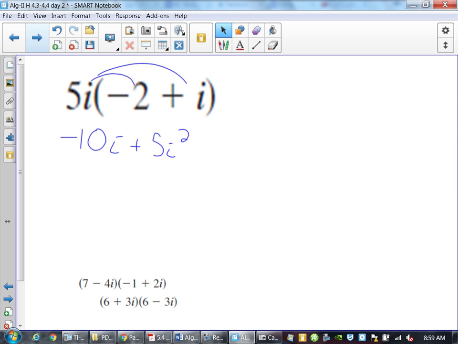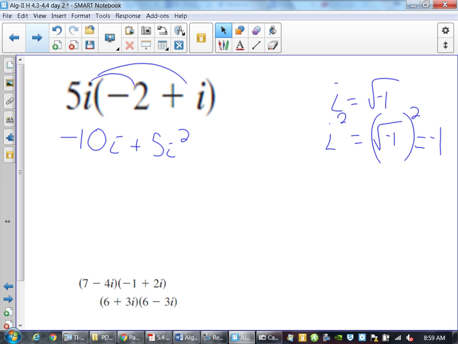Hold on. Let's write out what i equals. i equals the square root of negative 1. That means that i squared is negative 1, because the square root of negative 1, squared, is negative 1.